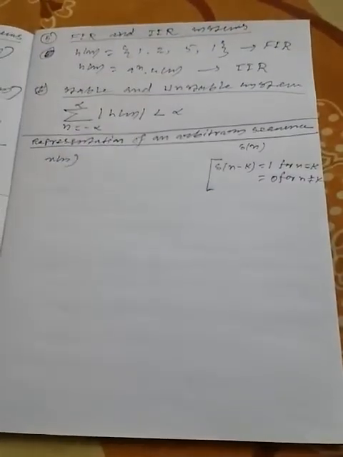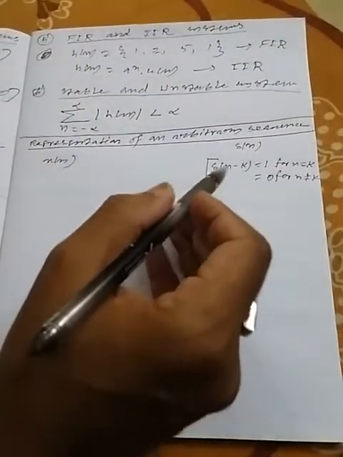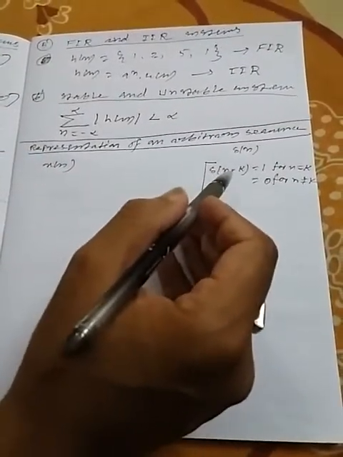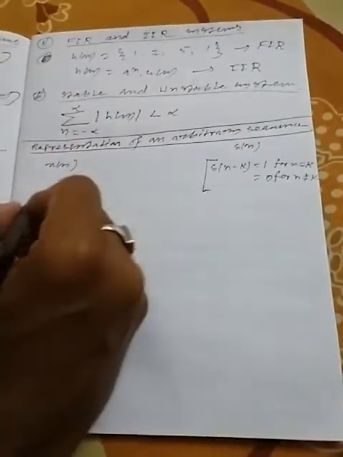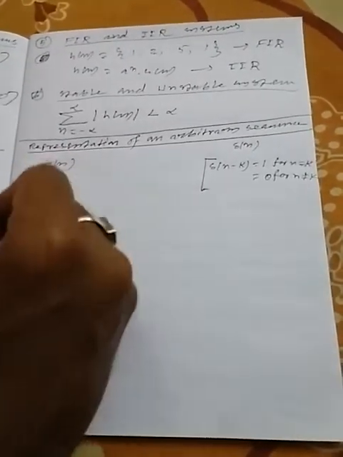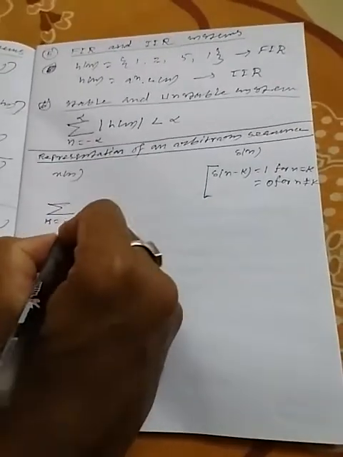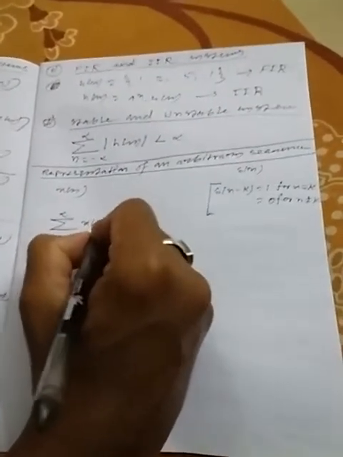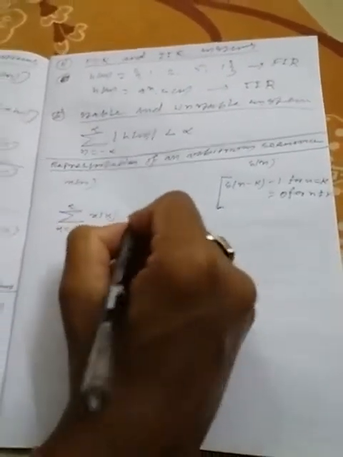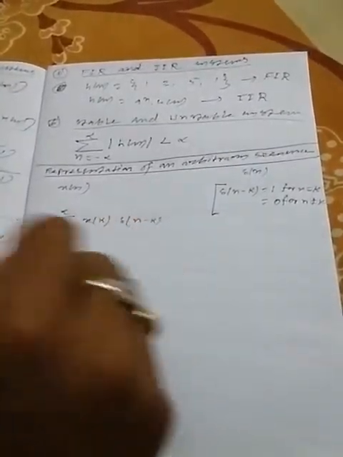Now if we want to multiply this sequence, then we can easily see that the entire summation from k equal to minus infinity to infinity of x[k] into delta[n minus k] is basically equal to x[n].